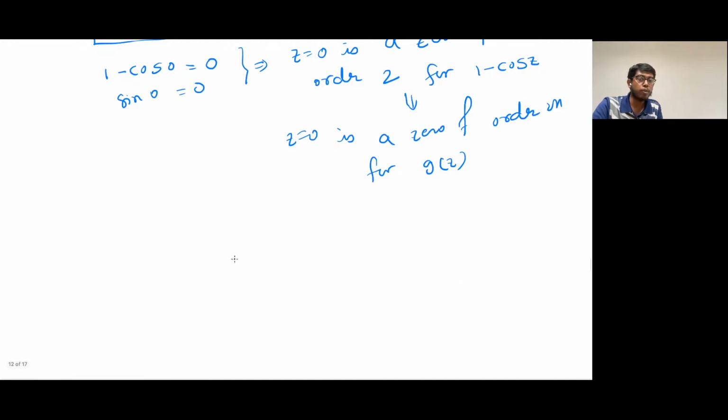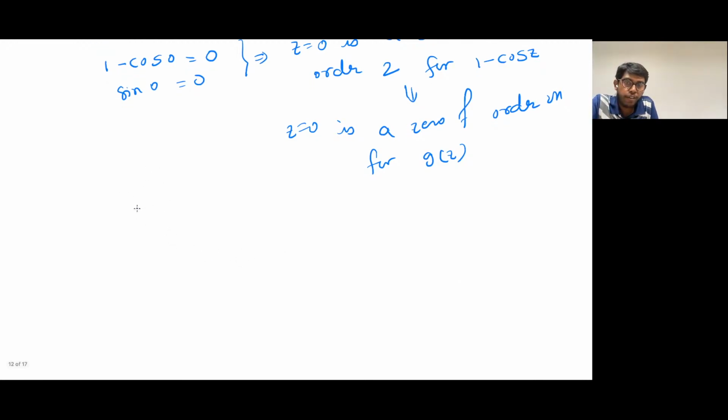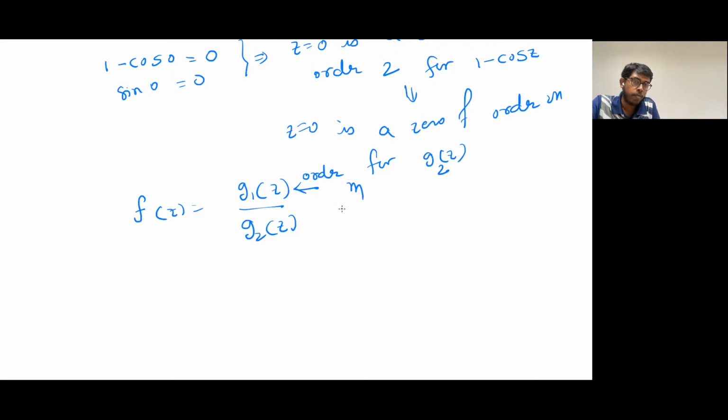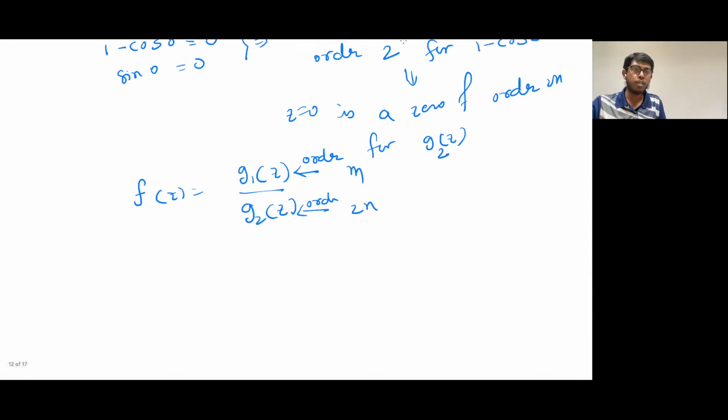So now what we got: f(z) was g1(z) by g2(z). The order of the zero in the numerator is m, and in the denominator the order is 2n.